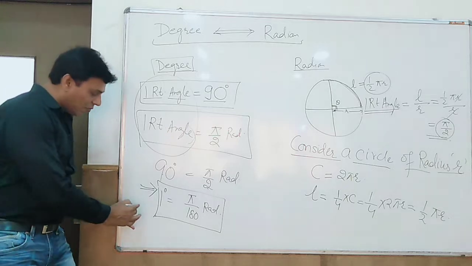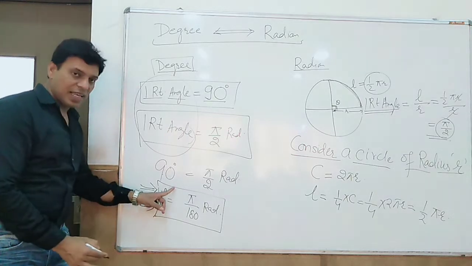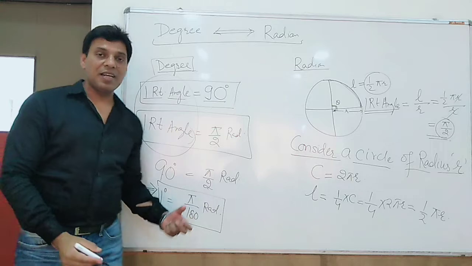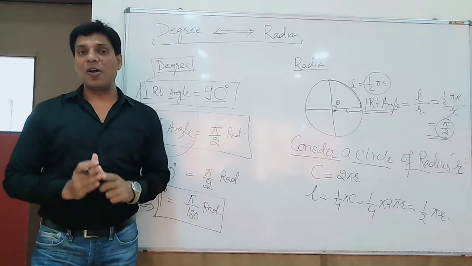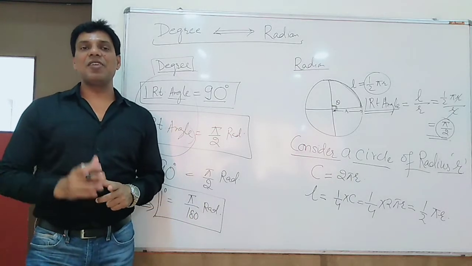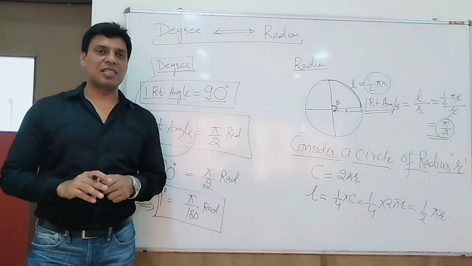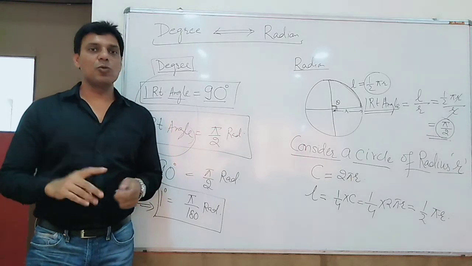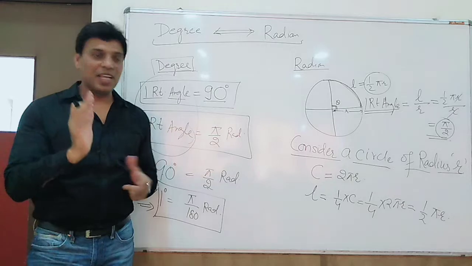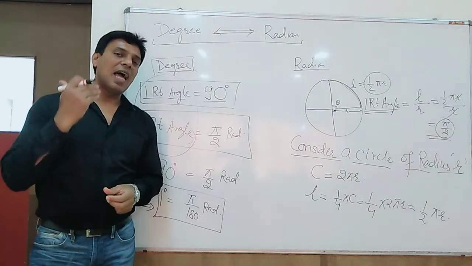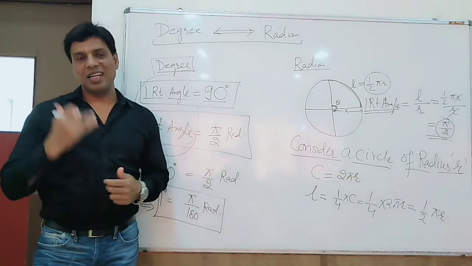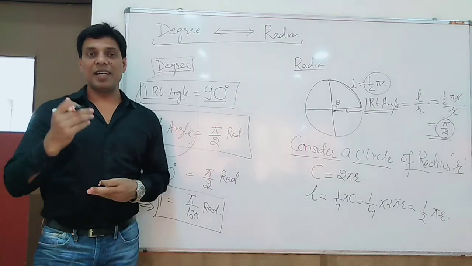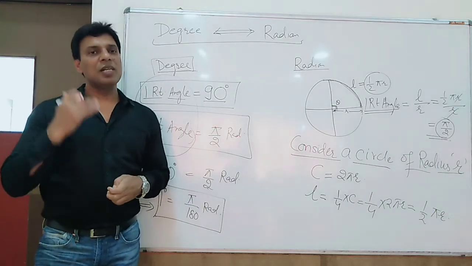If you want to convert any angle which is in degree into radian, suppose 30 degree, you just multiply that degree with pi upon 180, and this way you can convert the degree angle into the radian system.